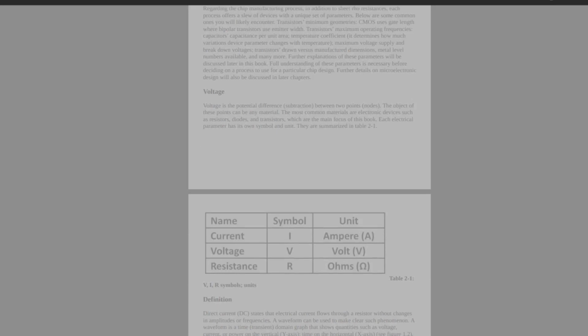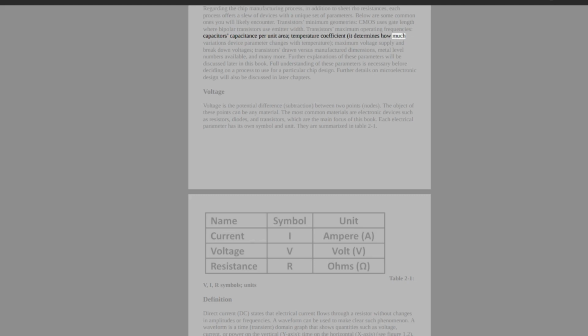Regarding the chip manufacturing process, in addition to sheet rho resistances, each process offers a slew of devices with a unique set of parameters. Below are some common ones you will likely encounter. Transistors' minimum geometries. CMOS uses gate length, where bipolar transistors use emitter width. Transistors' maximum operating frequencies. Capacitors' capacitance per unit area. Temperature coefficient.